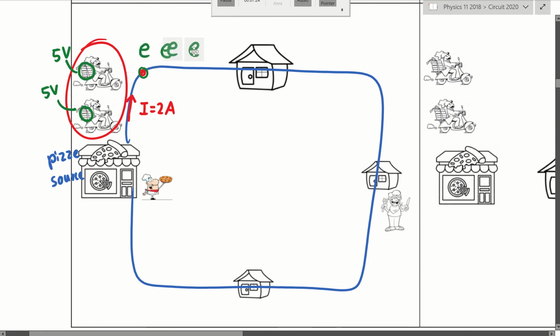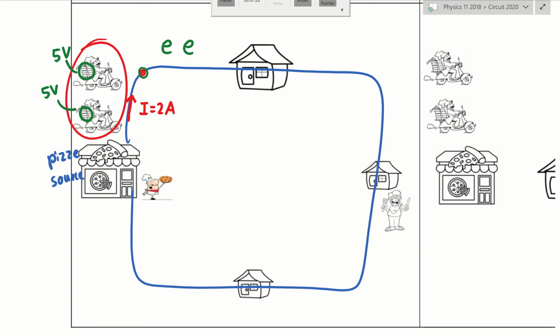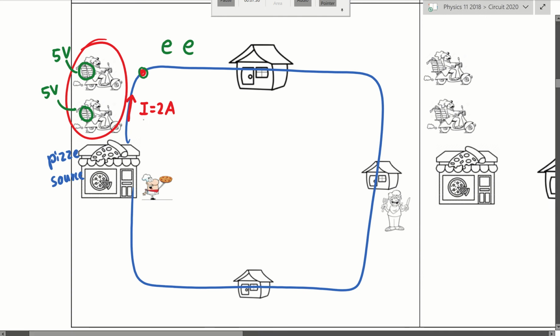As they go through the first house, how many electrons will go through the first house? So I total is 2 amp, meaning I'm sending out 2 groups of electrons per second. So how many groups of electrons will go through this house per second? The answer should be 2, right?